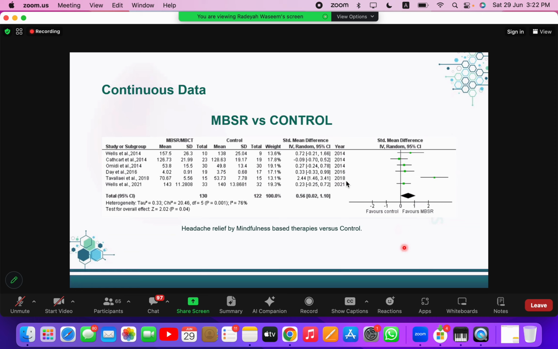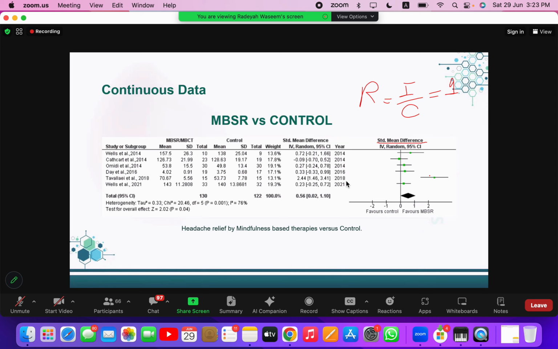Again, why do we have a 0 here? I told you that the effect sizes for dichotomous data are basically ratios, right? And ratios are usually intervention over control. So if there is no difference in the outcomes between the intervention and control group, the risk ratio or any ratio will be 1, right? Now, we have mean difference, standard mean difference, and weighted mean difference.